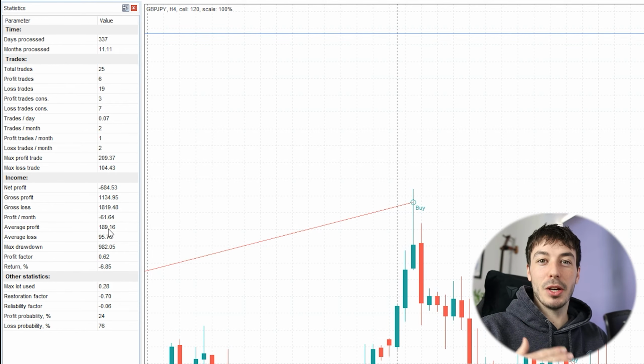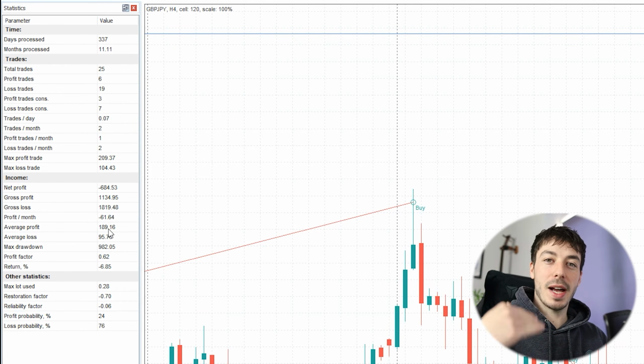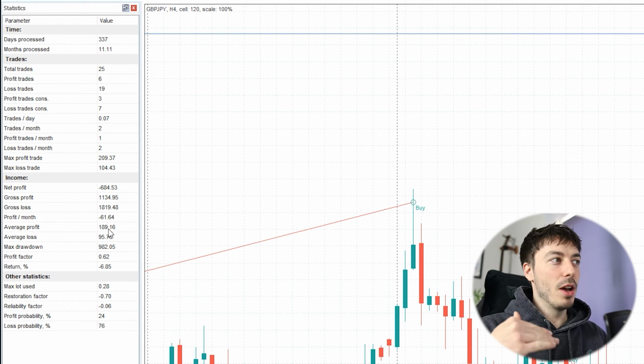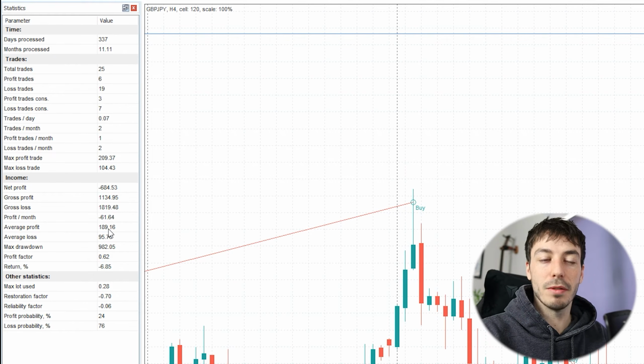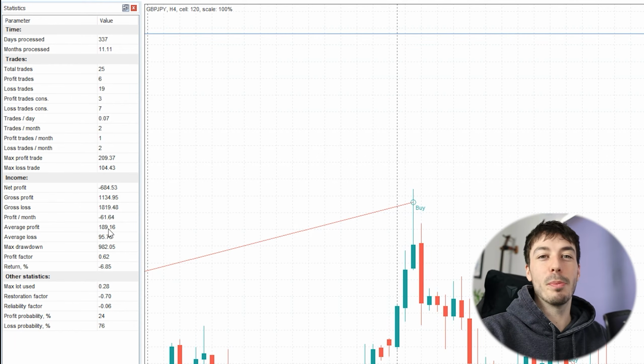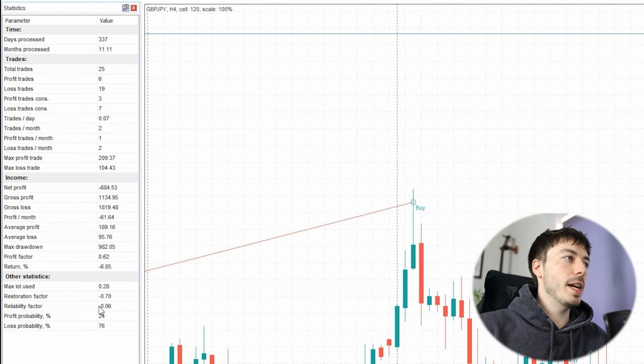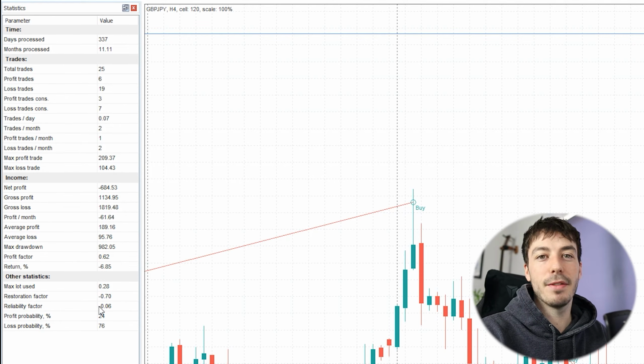Now that's obviously slipped below the 200 mark because as the account got smaller, after a stint of losing trades, the 1% risk, so 2% gain, will be slightly under 200. So obviously that would work its way down, as would the average loss. So you can see the max drawdown on the account was $982, which is nearly 10% on this account. So that's given us a return over the year of minus 6.85%.